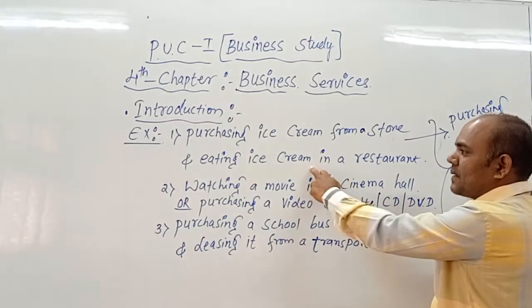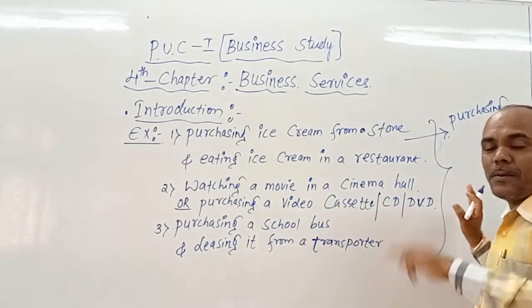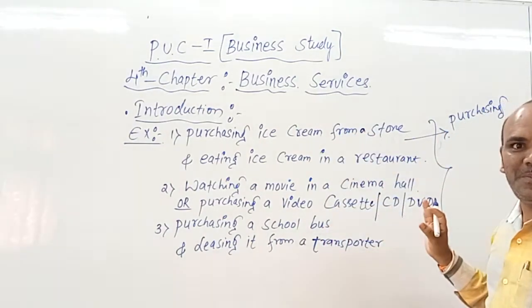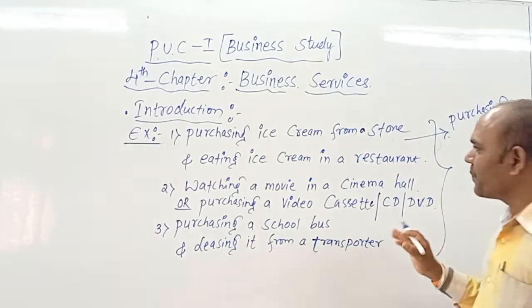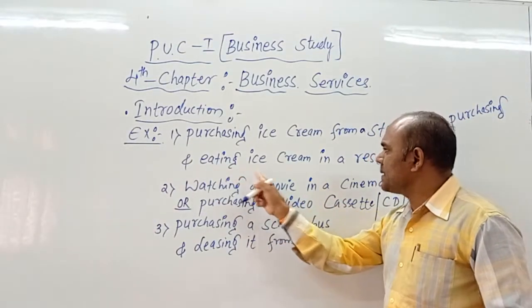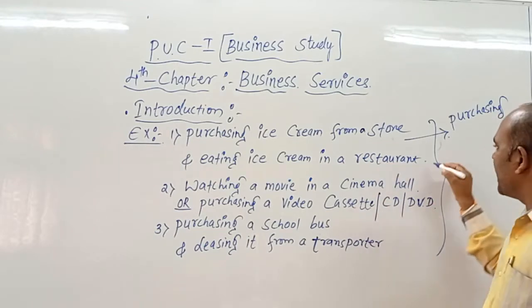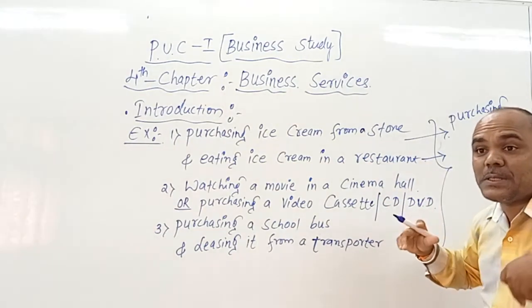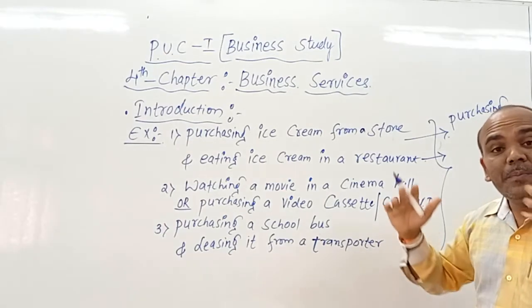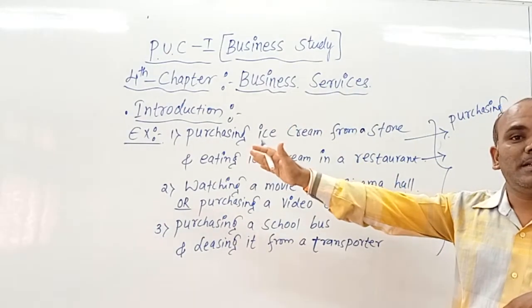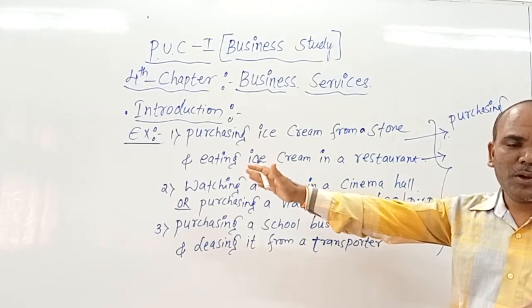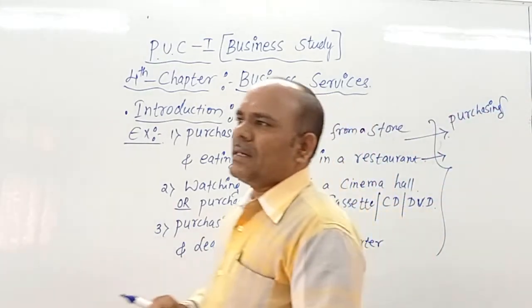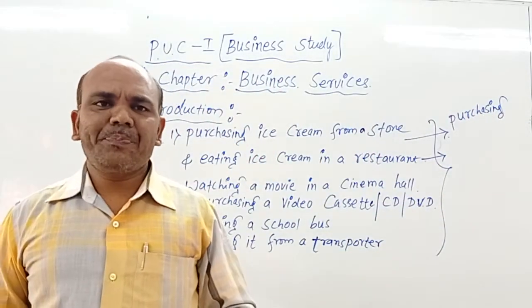Another one is getting services provided by them. ನೋಡಿ ಹೆಂಗಿದೆ ಅಂತ, eating ice cream in a restaurant. It means here he experienced the services provided by the restaurant. ನೋಡಿ ಭಾಳ ಡಿಫರೆನ್ಸ್ ಅದ. Take another example.